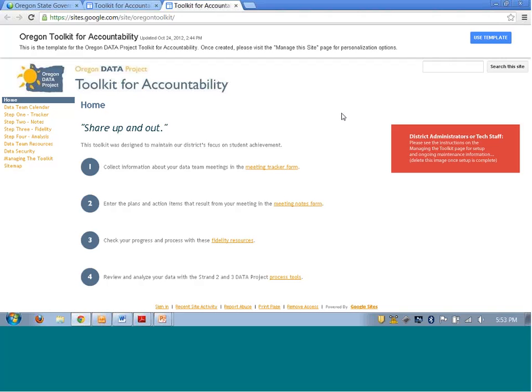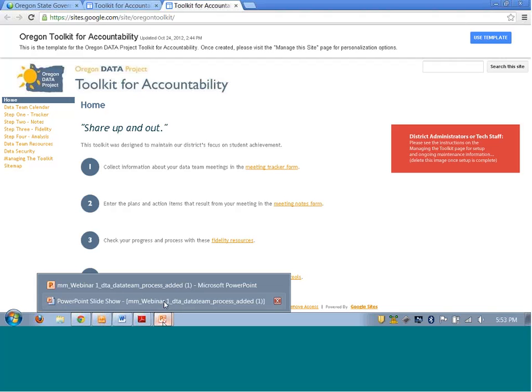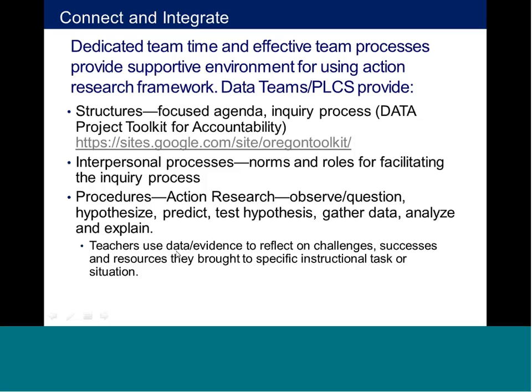One of the thoughts that Mickey and I were sharing earlier was, if you think about it, the interpersonal processes, I'm going to go back to the PowerPoint really quickly. We've got the structures that are so important to team process, but we also have interpersonal processes. Those are the norms and roles for facilitating the inquiry process. These are really important pieces of effective collaborative teams. Well, you can use the toolkit for accountability to record the norms for the group.